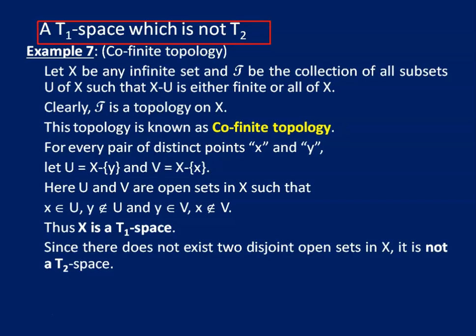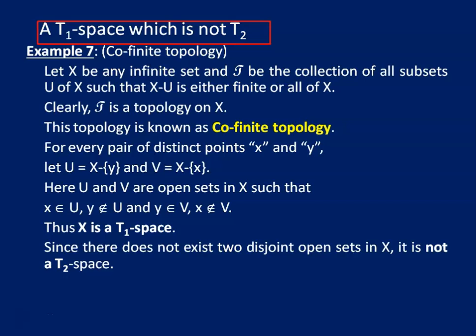Since there don't exist any two disjoint open sets in X, it is not a T2 space. Because it is a co-finite topology, every open set contains all points except a finite number of points. So for a pair of distinct points x and y, we cannot find two disjoint open sets here.